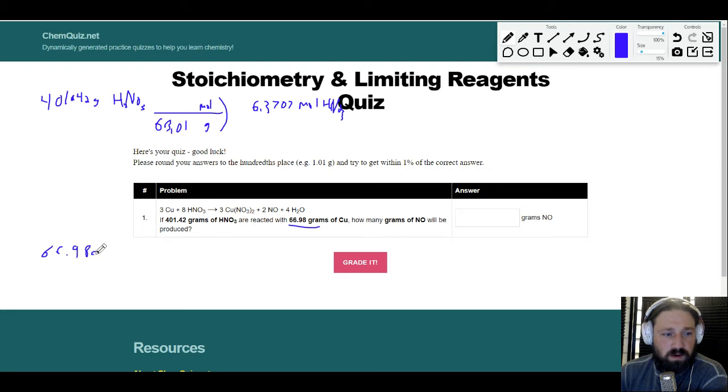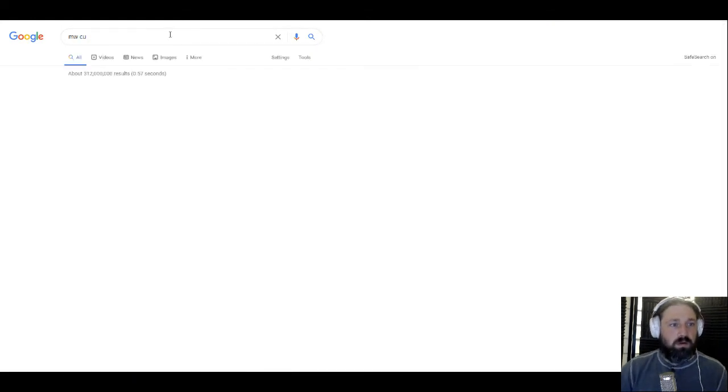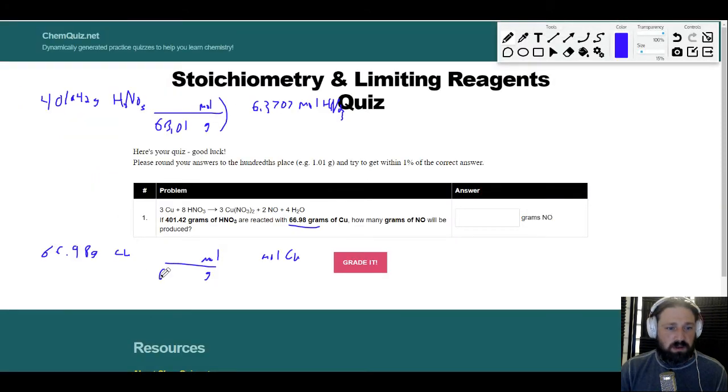All right, we're going to do the same thing now, but for copper. 66.98 grams of copper, and we're trying to get to moles of copper. We look up the molecular weight of copper: 63.546.